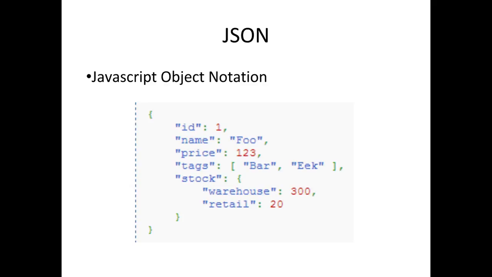Just before we go there, let's have a quick review of JSON. So JSON is JavaScript Object Notation. You don't have to be using JavaScript in order to use a JSON format. It's very easy to see how this is formatted. Over to the left here we have some variable names, and then we have some values for those variables.